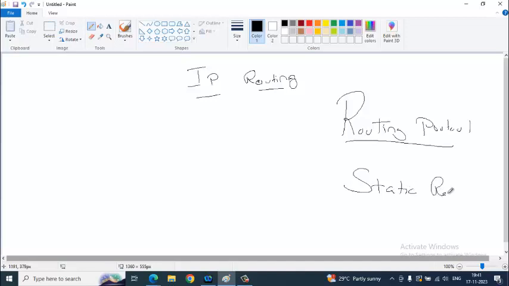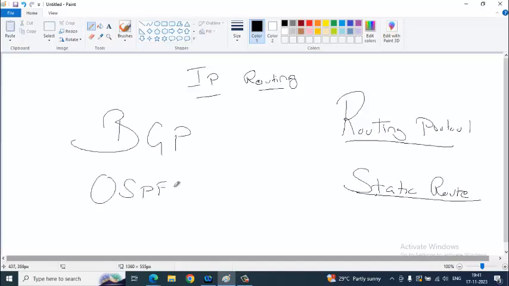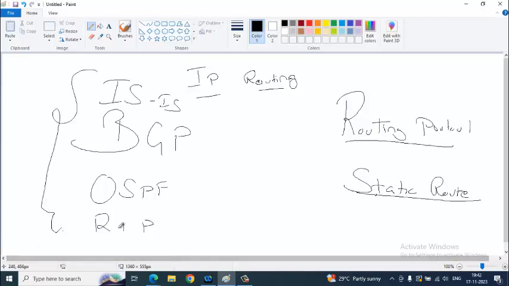We have to depend on dynamic routing protocols like Border Gateway Protocol, Open Shortest Path First (OSPF), Routing Information Protocol, and then IS-IS, Intermediate System to Intermediate System. These are all industry standard protocols. And Cisco also has a version called IGRP, which is the old version, and another version called EIGRP.